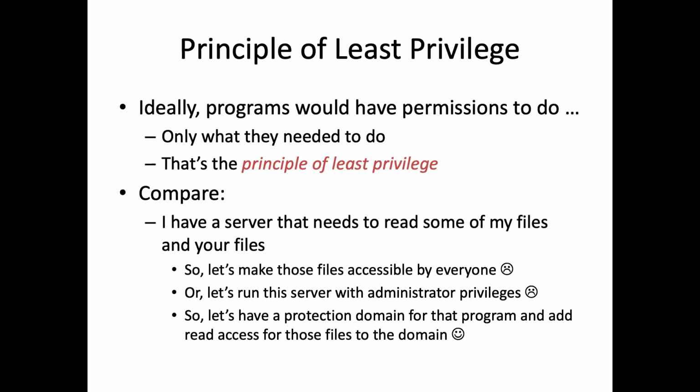So I don't know if I did a good job of this, but in talking about the principle of least privilege, I tried to talk about first an example where we would give away way more privileges than we wanted. And then I tried to talk about an example where maybe we could give a process way more privileges than it needed.